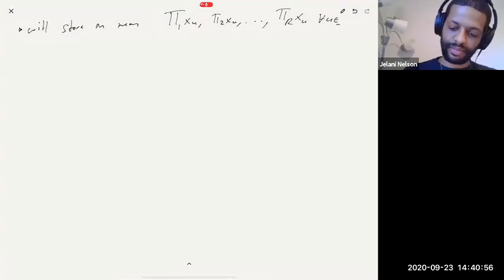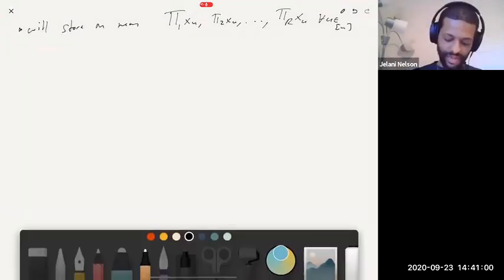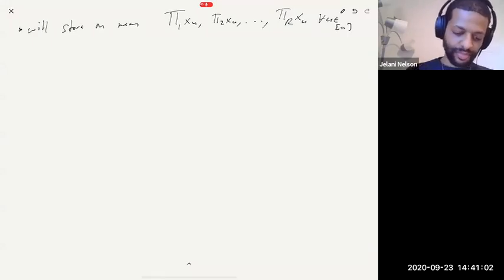Okay, so each one of these, remember, to store this takes log 1 over delta times log squared n bits.